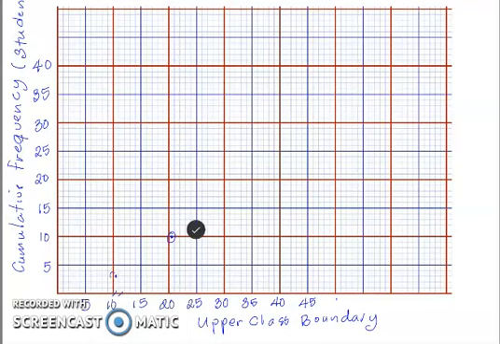So that's my point. Then 30.5, which corresponds to 19. This is 30. Immediately after 30 is 31. In between them is 30.5. And that corresponds to 19, which would put me about there.